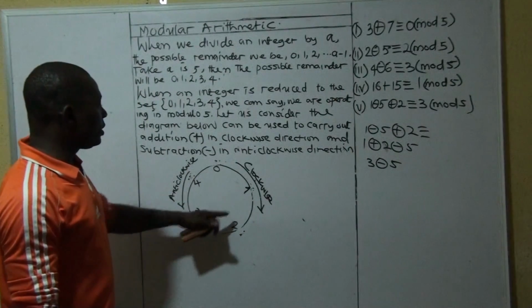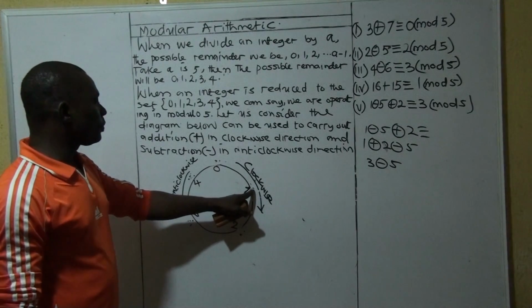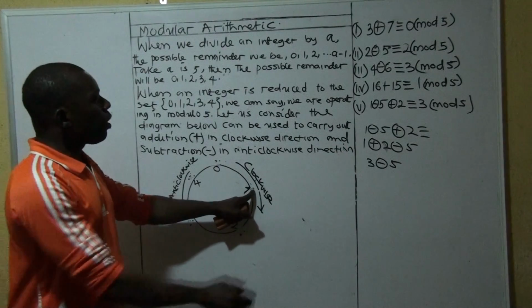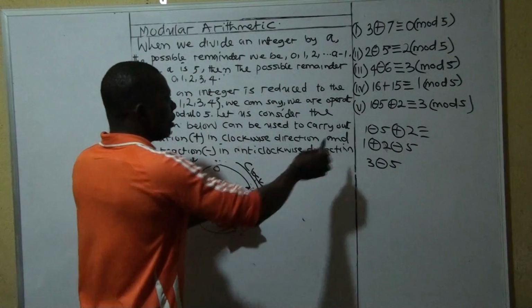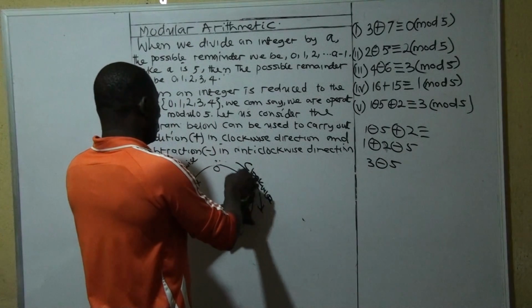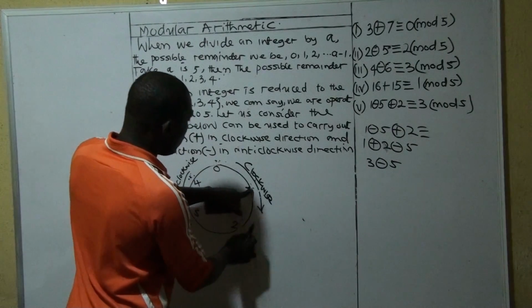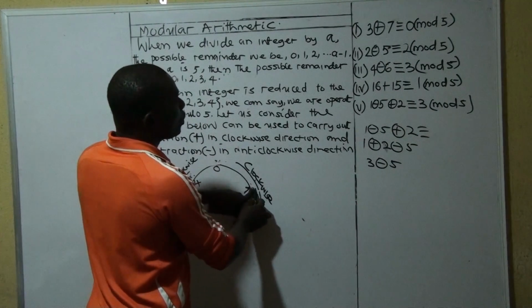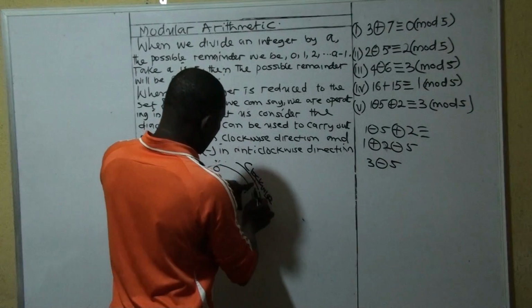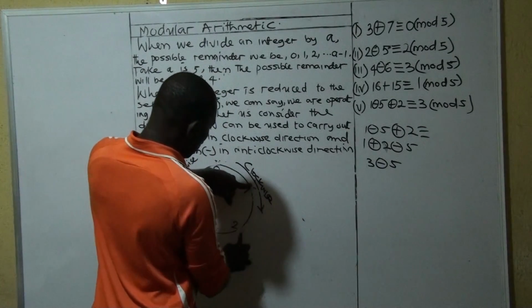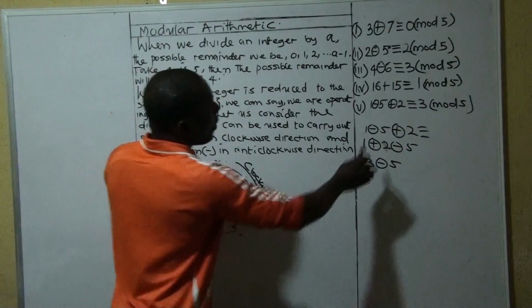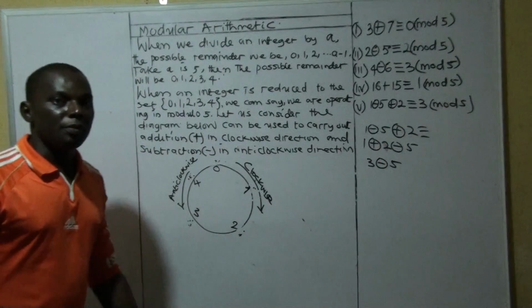Or we can do it another way: 1 minus 5, we count 1, 2, 3, 4, 5, and it will be 1. Then we add our 2 here, and we count again: 1, 2. You see, our answer is the same.